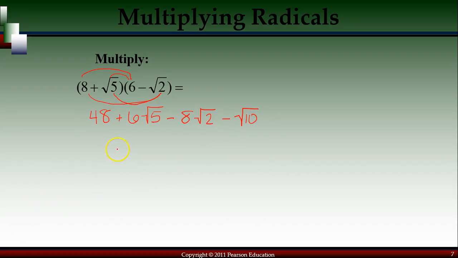At this point, after multiplying everything out, what we do is we look at everything to see if we can combine anything that may have like radicals, and there aren't any like radicals in this one. So this right here is our final solution.